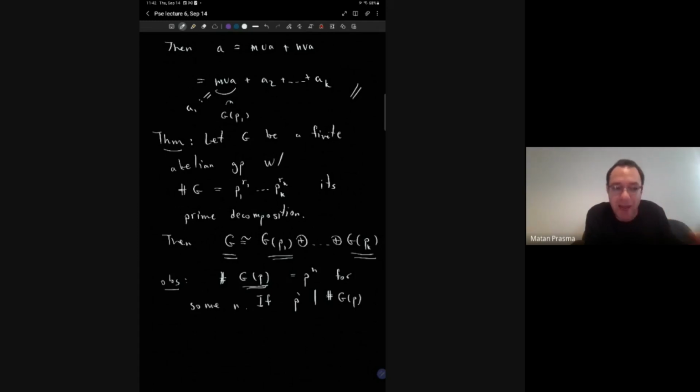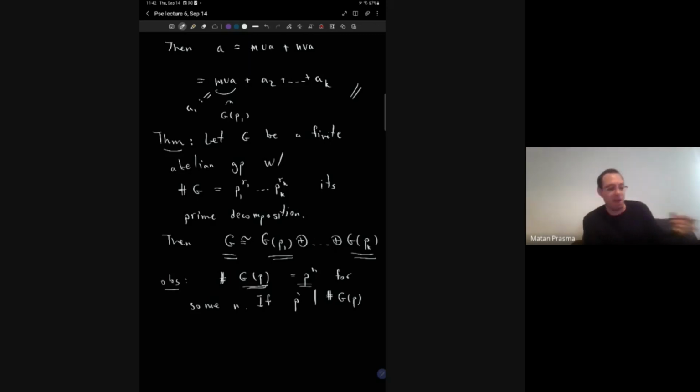So there cannot be any element of order p' for another prime. This means that the order of G_p must be a power of p. But it does not need to be cyclic.